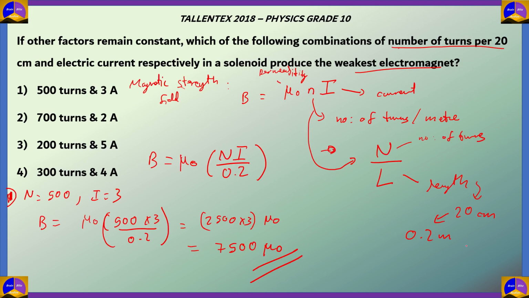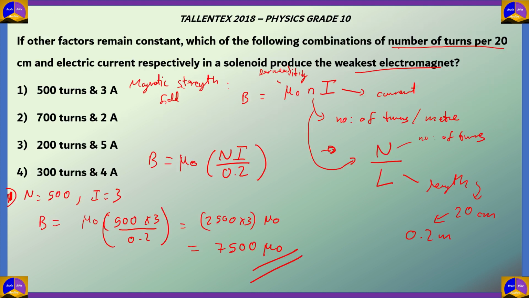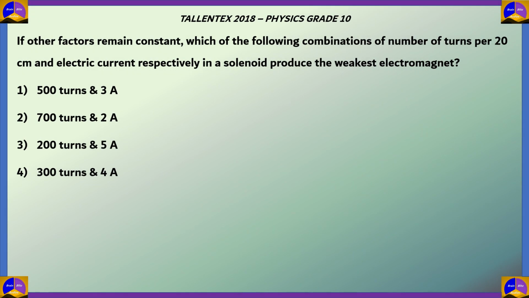So option 1 is 7,500. Option 2 is 7,000. Option 3 is 5,000. Option 4 is 6,000. So as you can see, 5,000 is the least value of the magnetic field strength from the 4 options. So therefore, according to our calculations, we can successfully conclude that option 3 is the right answer.